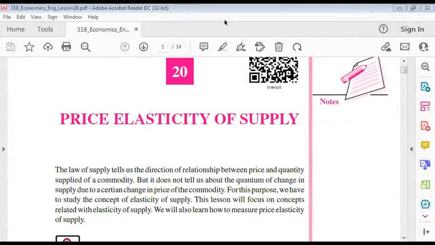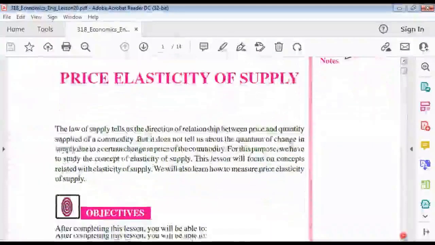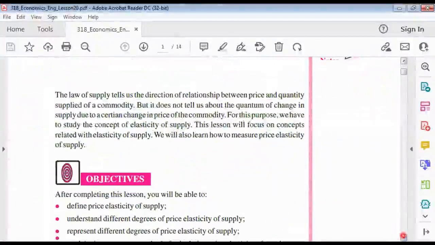Let's start. I said you will find this absolutely easy.